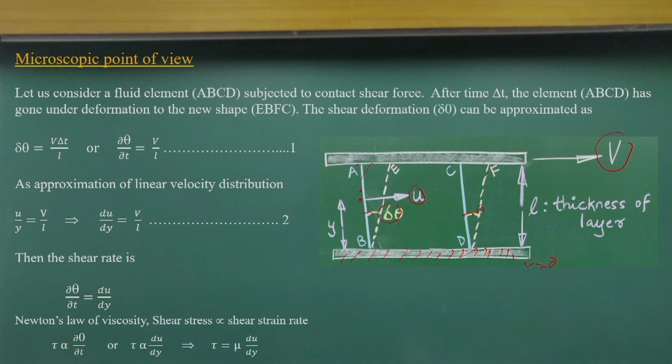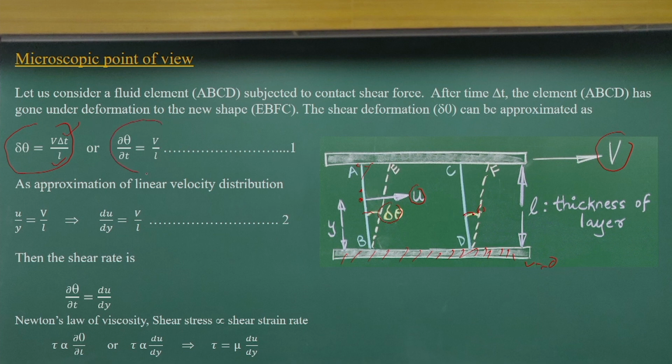So, at delta t time we have an angular deformation of delta theta. Consider a very simple geometry of this problem. The distance AE is V into delta t, divided by L, which will be tan delta theta. Since delta t is very small, I can consider delta theta equal to V delta t by L.